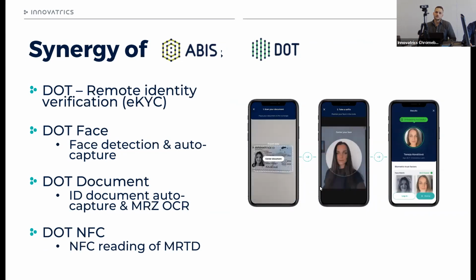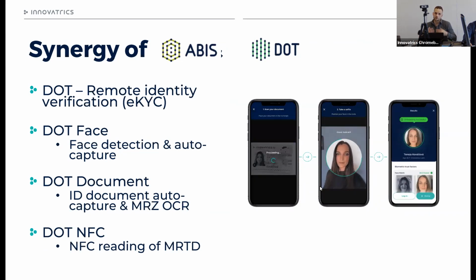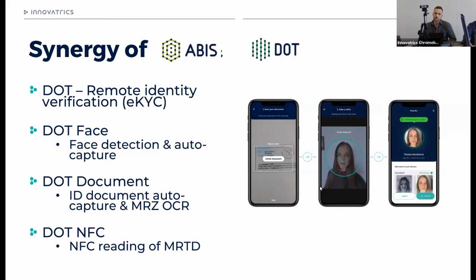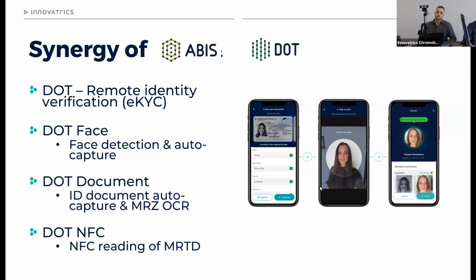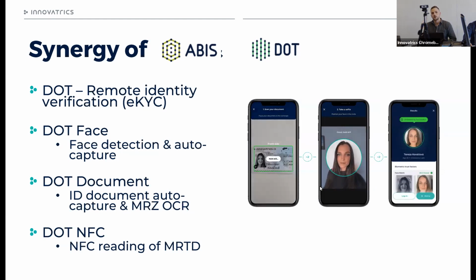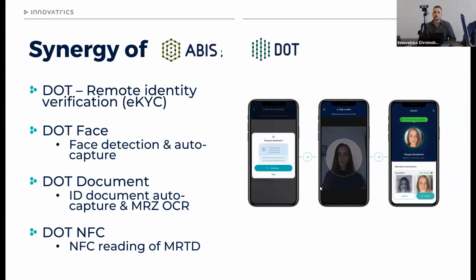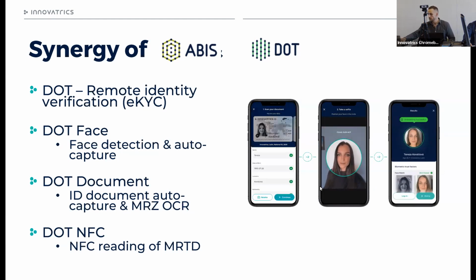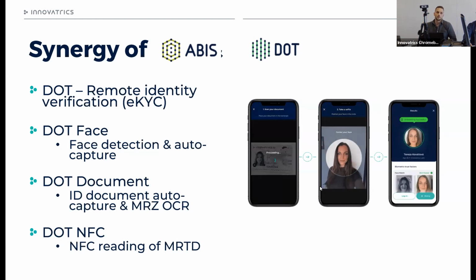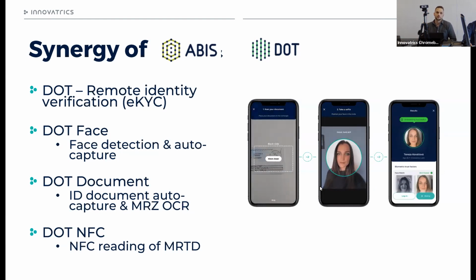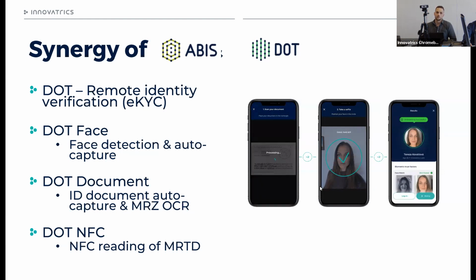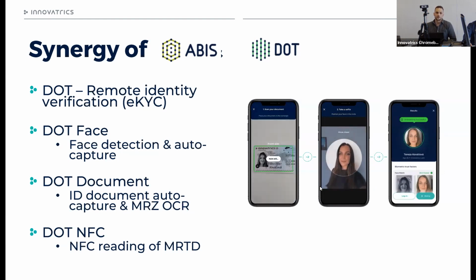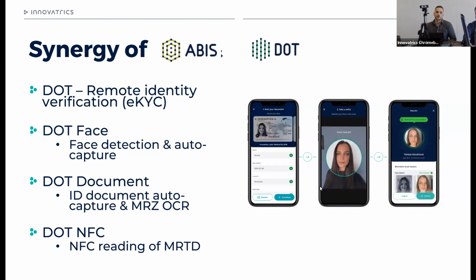And the synergy is that they were developing their Android libraries to auto capture the face and auto capture the document itself, which is very useful for us for national ID use cases. They also do the NFC reading of the NFC chips of the machine readable travel document zone. So this is how we started with the synergy between the two products.